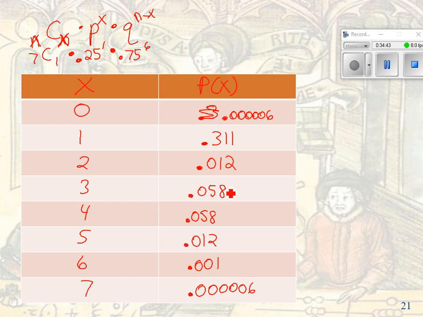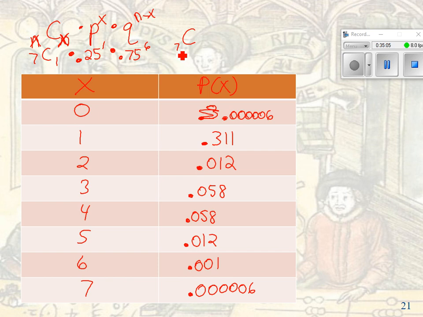Calculator works the same. I got 0.3. What do you got for 6? You got 0.311? For 6? I got 0.001. So let's write 6 up here just to make sure we're doing it right.